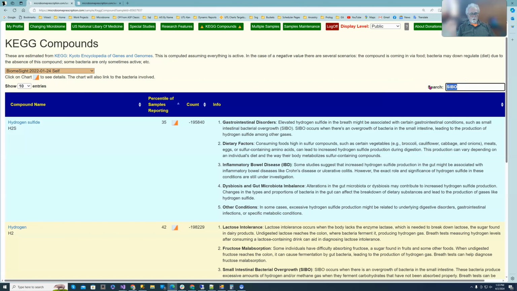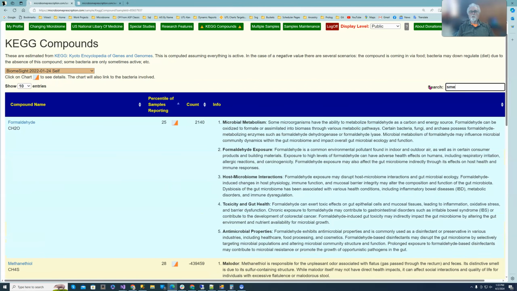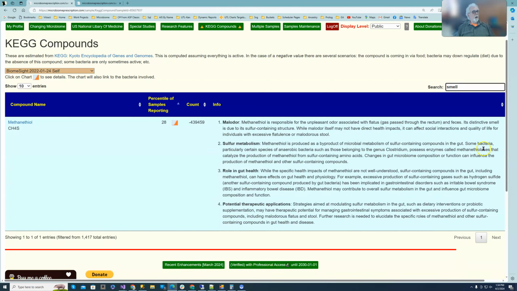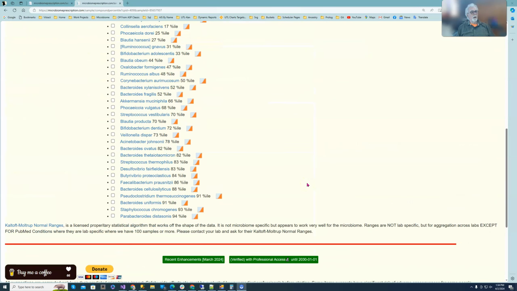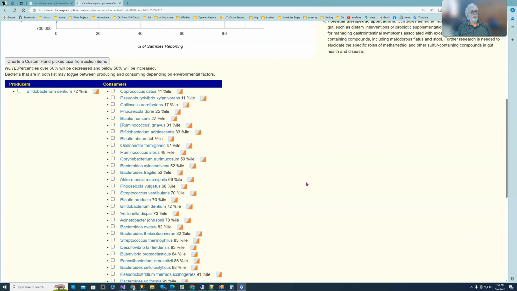If you go over to, let's try the word smell. Here we have, if you have smelly farts, voila. This is one, and if you take a look here, this is where you are in the smelly fart zone, and if you're up here, you definitely have it. And down the bottom, you have what produces the smelly fart and what consumes it.